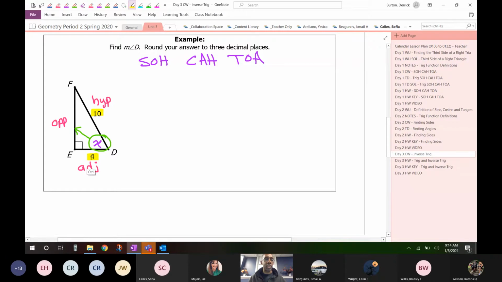So those are the two sides that we're given. This is adjacent and hypotenuse. So which of these three trig functions involves adjacent and hypotenuse? Well, that is the cosine function. The cosine function is the only one that has adjacent and hypotenuse with it. So that's the one that we're going to use. So that's why we know to start off with cosine.